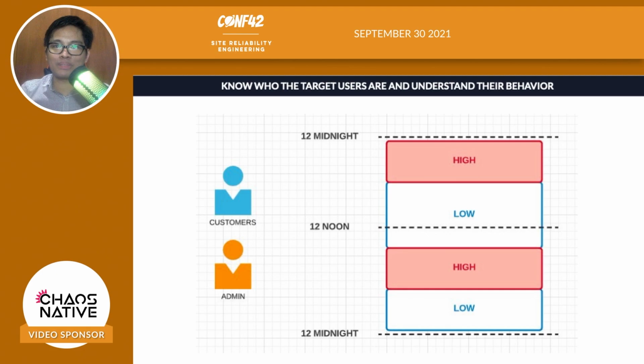And then there are specific days in the year where you really have to plan ahead and prepare the infrastructure and configuration to carry the workload, especially in cases where there's a spike. So let's say there's a holiday or there's an event, you need to prepare ahead of time, and you cannot just rely on auto scaling to help solve the requirements of the business. So again, this is very critical, and we need to know the behavior of the target users.